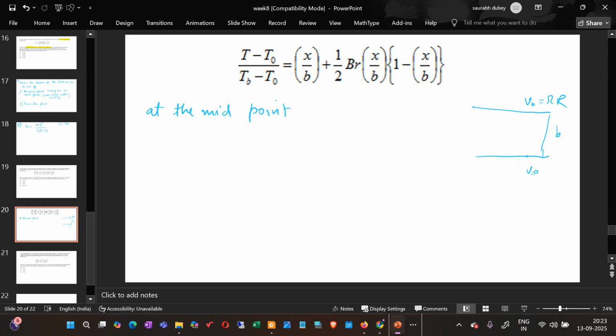So when you do this, you will be having T minus T0 divided by Tb minus T0 equals to 1 by 2 plus Vr is given 1 by 2, 1 by 2.